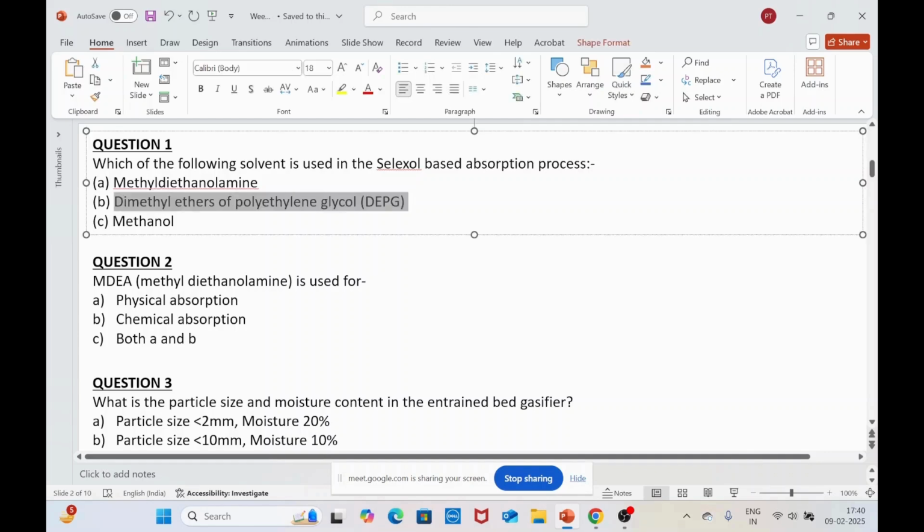So it is dimethyl ethers of polyethylene glycol. Yes, that's right.